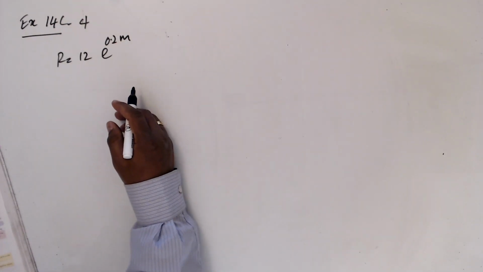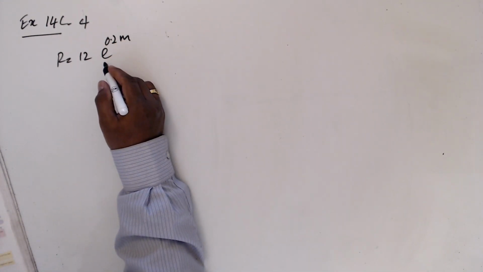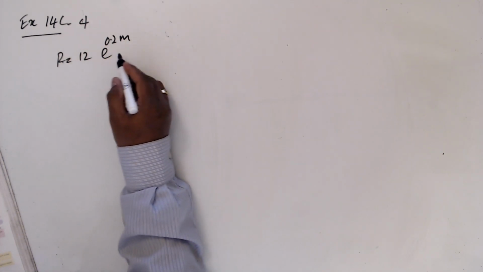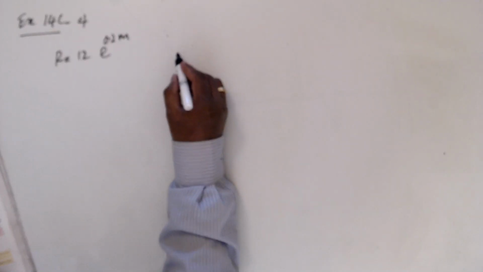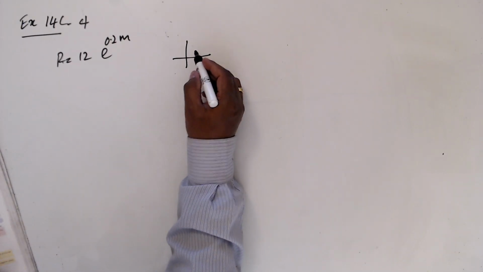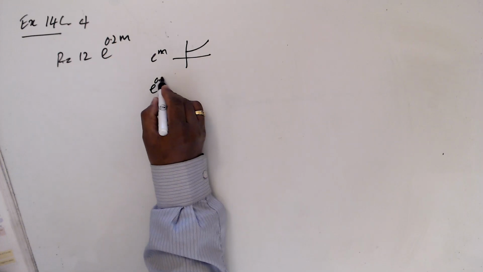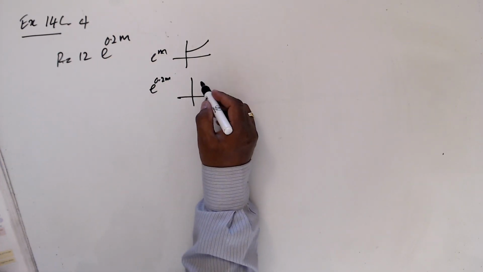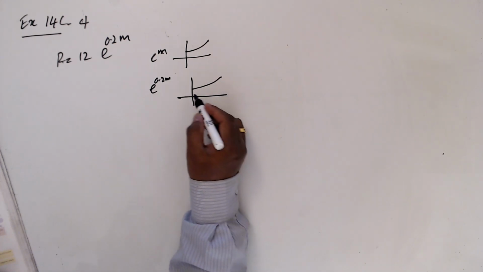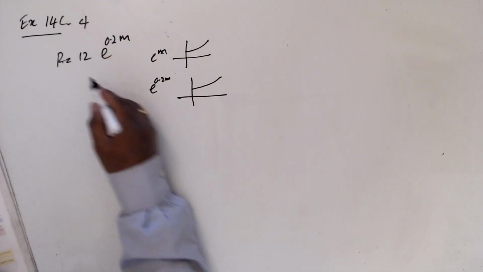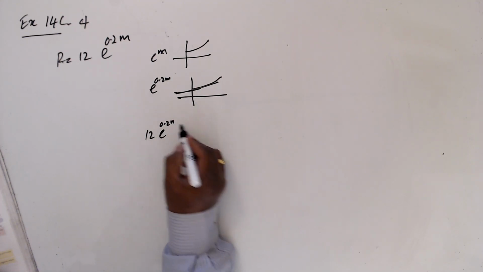Question number 4. This is the formula, the exponential part. This is about the number of rabbits R, and M is the month, modeled by a formula. So e^M is this kind of one. e^(0.2M) has a bit less gradient, same shape, and then this is 12 times. So it will stretch 12 times e^(0.2M).